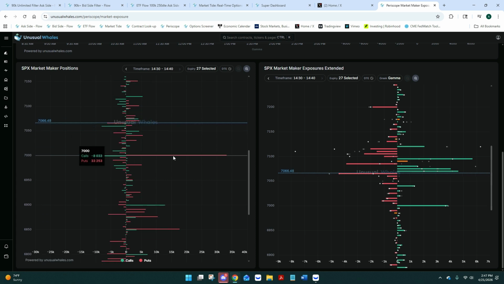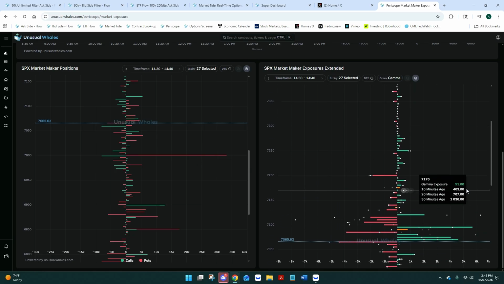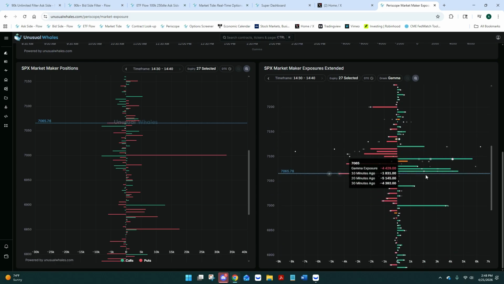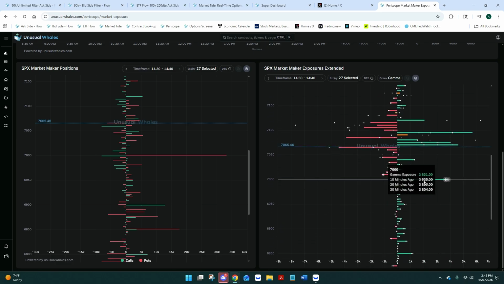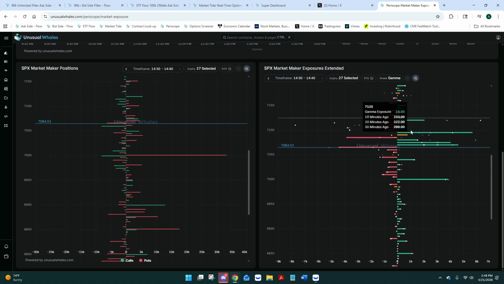There is a lot of short calls here and long puts here. Here we are trading, and there's your big gamma. You start looking through here to see where the market makers are positioned. There's a massive position down here at 7,000. Maybe I'm going to get some puts here when we get up to maybe 7075.